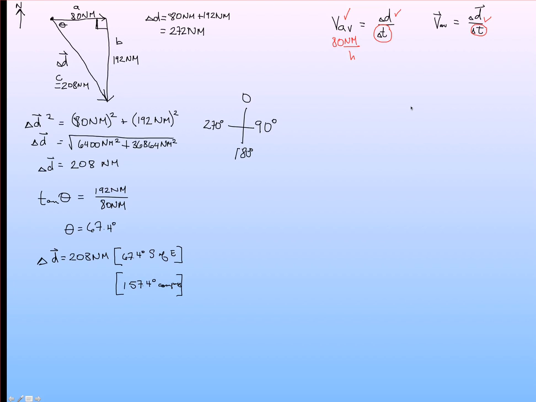If we are to rearrange this to isolate for t, we need to get this t in the numerator of a fraction, or at least out of the basement over here. So let's multiply both sides by delta t. So v average times delta t will equal distance. And now delta t is being multiplied by average speed, and so we can divide both sides by average speed.